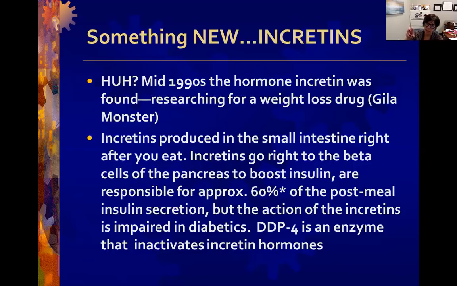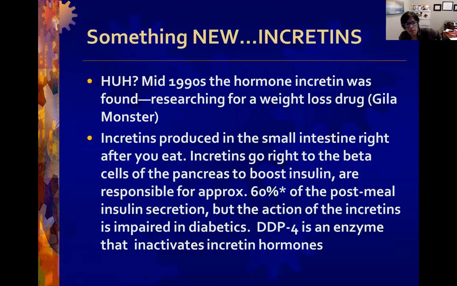The incretins go to the beta cells of the pancreas and boost the amount of insulin. They're responsible for about 60% of the insulin that comes out of the pancreas post-meal. If you recall on the very first slide, I told you that type 2 diabetics have problems with incretins. So let's review that again.